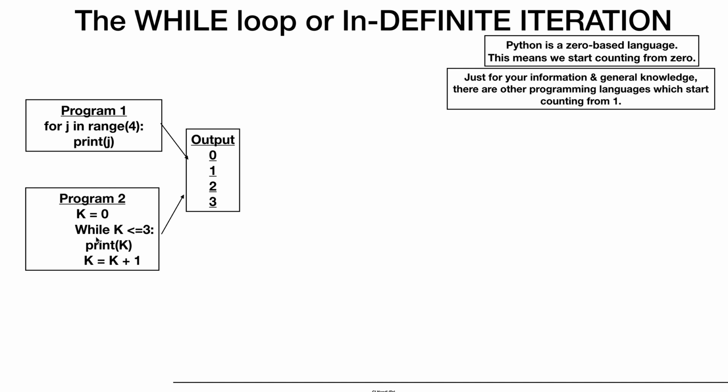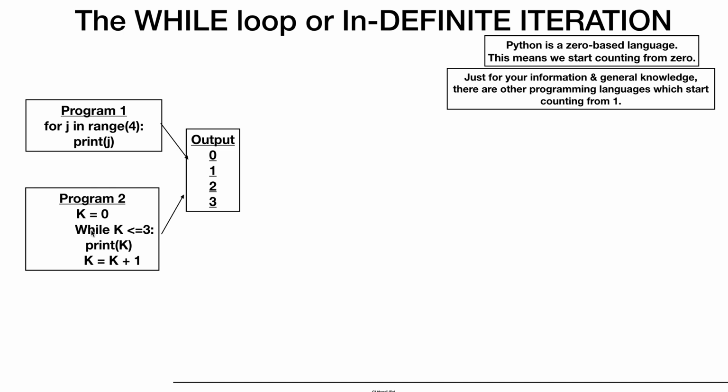Then it goes round this loop again, while k is less than or equal to 3. Well, k is now 1, so k is less than or equal to 3. So these two statements are executed. Print k, you print 1, let k equals k plus 1, k becomes 2.